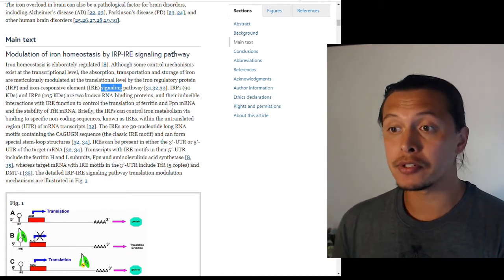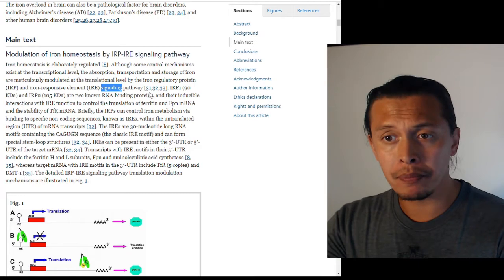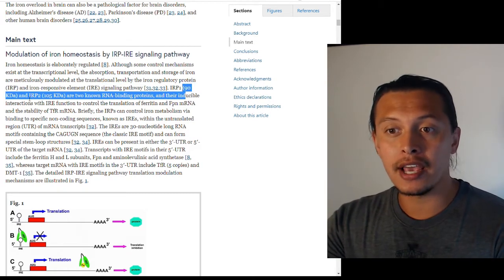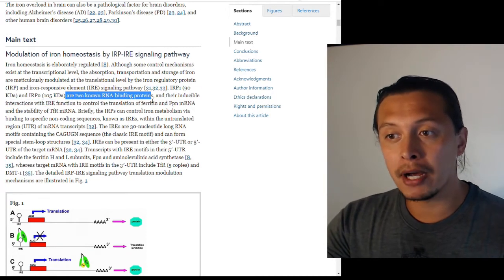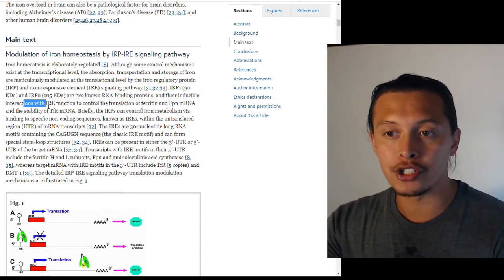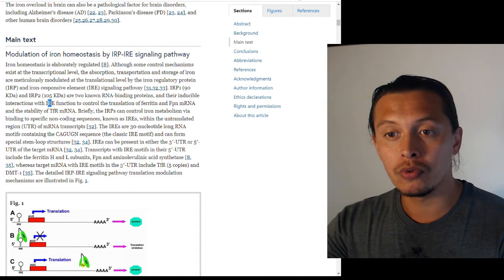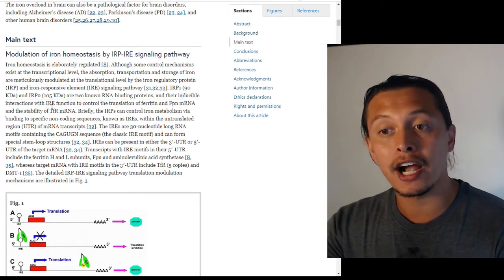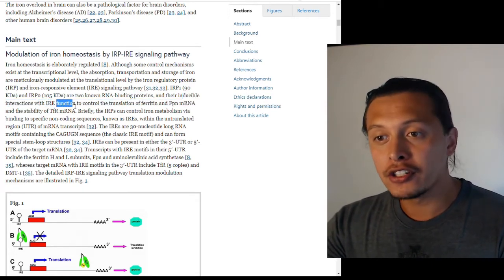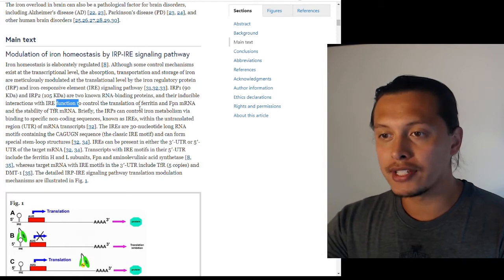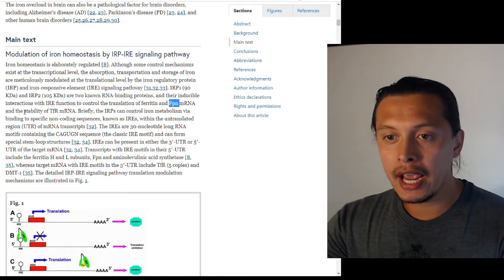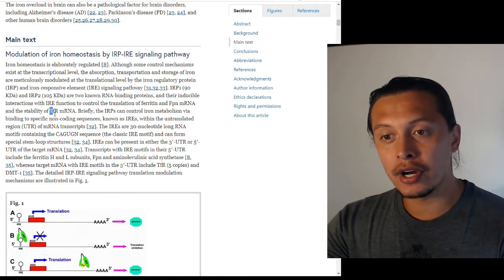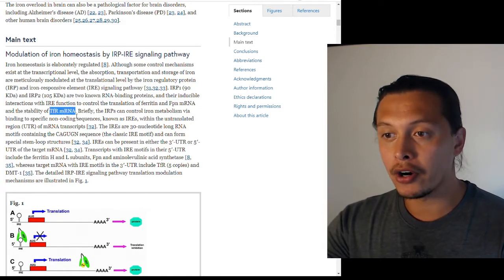regulatory mechanisms. Anyways, IRP1, which is 90 kilodaltons, and IRP2, which is 105 kilodaltons, are two known RNA-binding proteins, and their inducible interactions with the iron response element function to control the translation of ferritin and ferroportin mRNA and the stability of transferrin receptor mRNA.